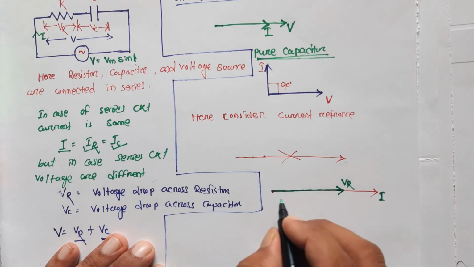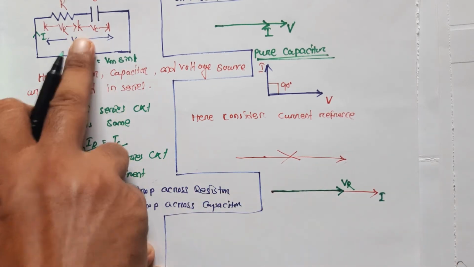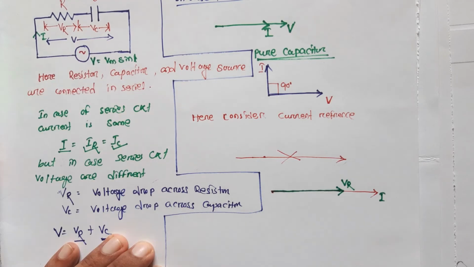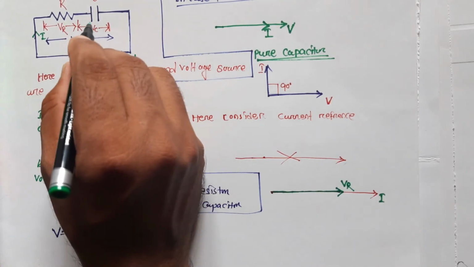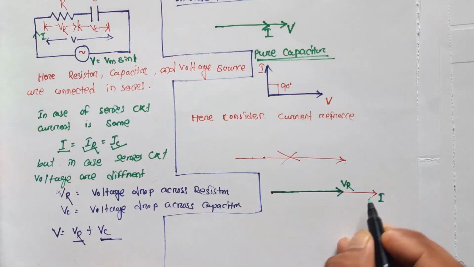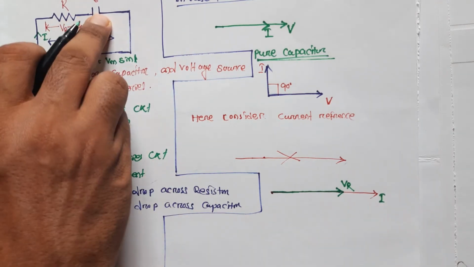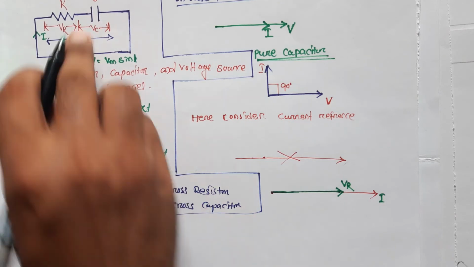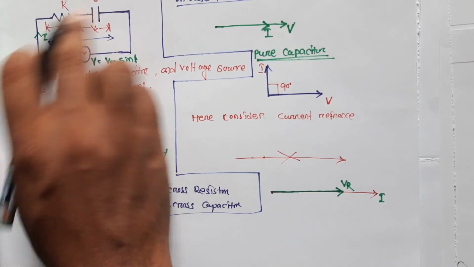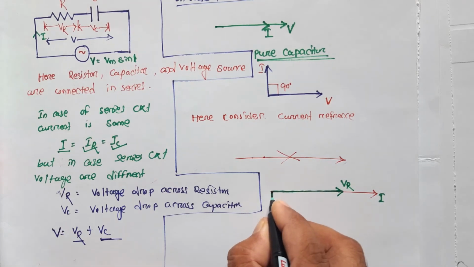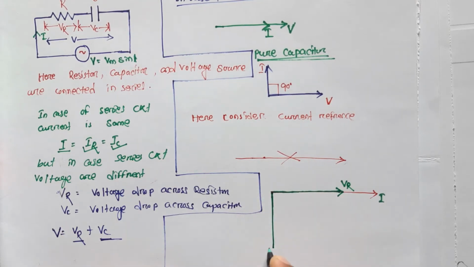Next, the voltage across the capacitor always lags the main current, so this voltage VC lags by 90 degrees to the current I.